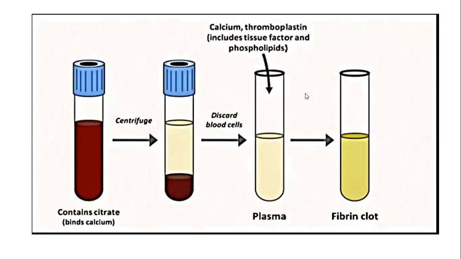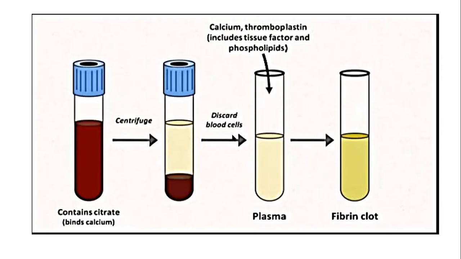Right, so we have here an image showing you how your PT is being done. First you have the blood sample of the patient, which is mixed with citrate, and this will be centrifuged to separate the plasma and the solid cell constituents.